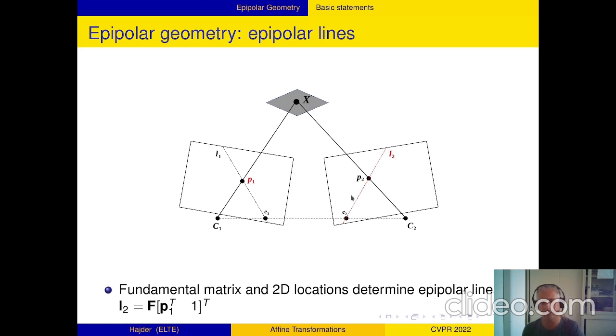This is the epipolar line, which can be given as the connection of P2, the corresponding point in the second image, and the epipole in the second image denoted by E2. It's a basic and frequently used statement for epipolar lines.